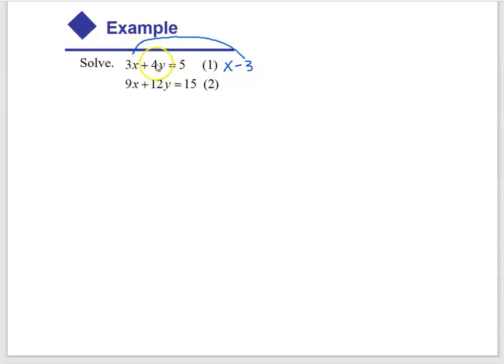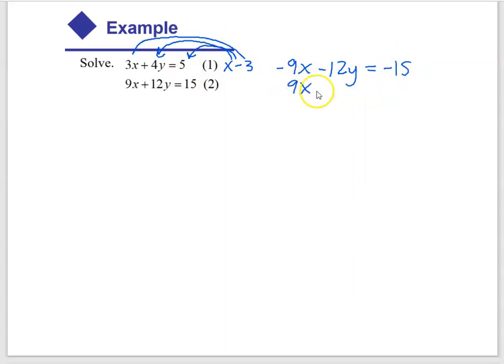I could have also made this be a -12, so these would cancel out. There's more than one right way to do this, so I'm going to multiply each one of these numbers by -3. So -9x, -3 times 4y is going to be -12y, and then we've got our equal sign, sorry, then -3 times 5 is -15.